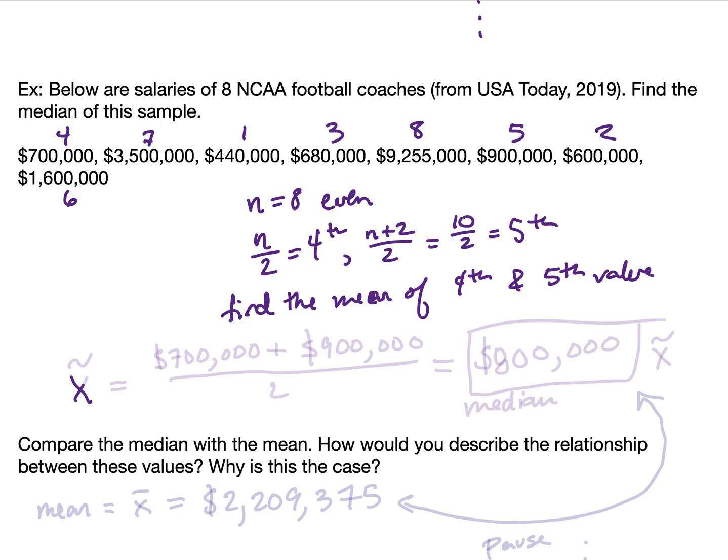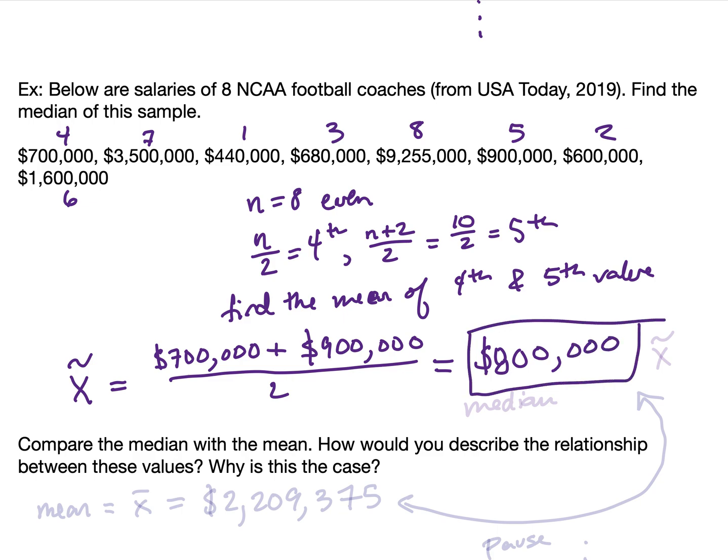We now know that x tilde, the median, will be equal to the fourth data value, 700,000, plus the fifth data value, 900,000, and we can divide by 2 to find the average of those two values. So the midpoint between those is just 800,000. So our median x tilde is 800,000.